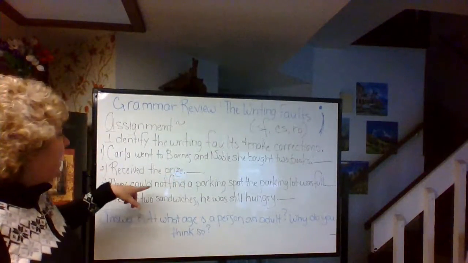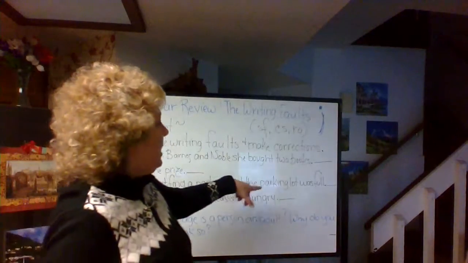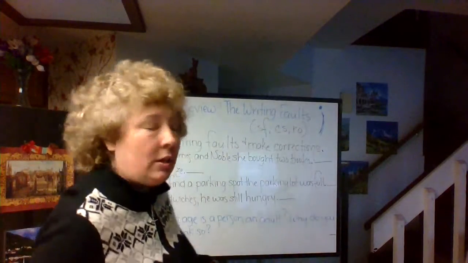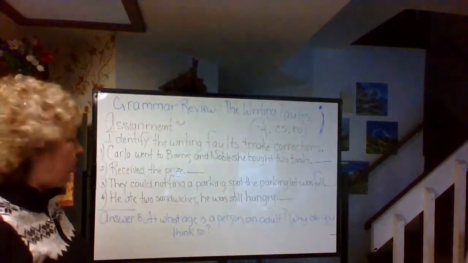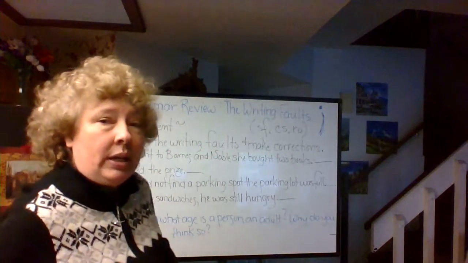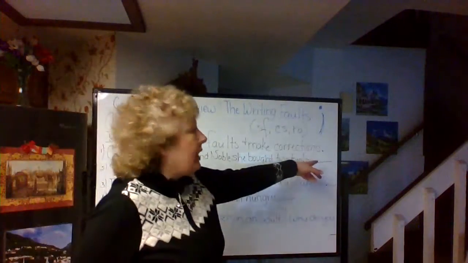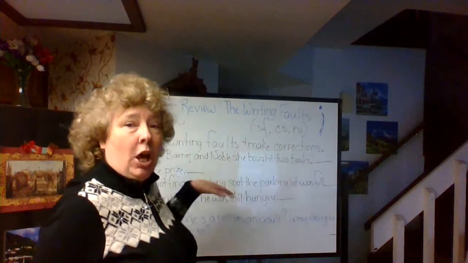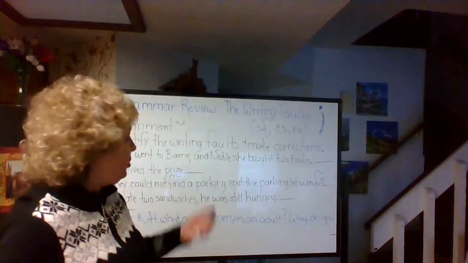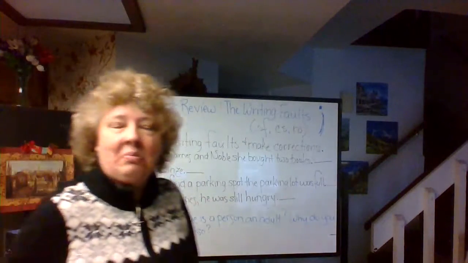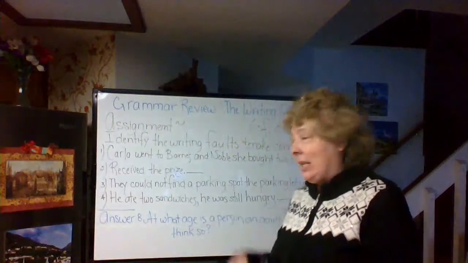Number 3, they could not find a parking spot. The parking lot was full. And finally, number 4, he ate 2 sandwiches. He was still hungry. So again, fill in the blanks, and then below the items, write the corrections. So I guess you'll have 8. It's not just 4, it's 8. Okay? Double it up, so to speak.